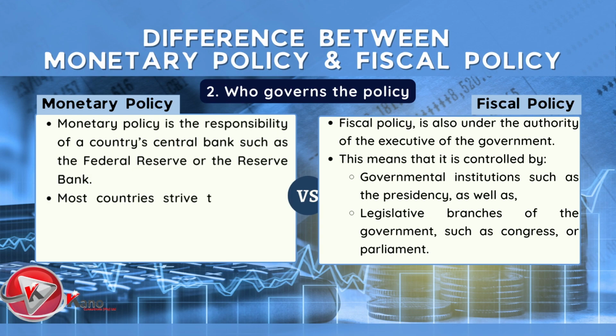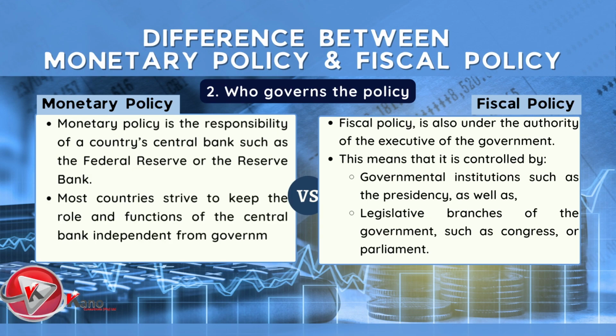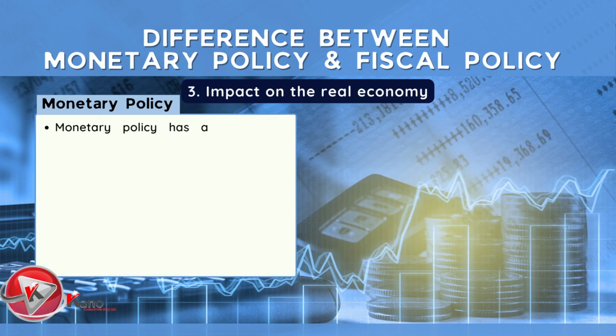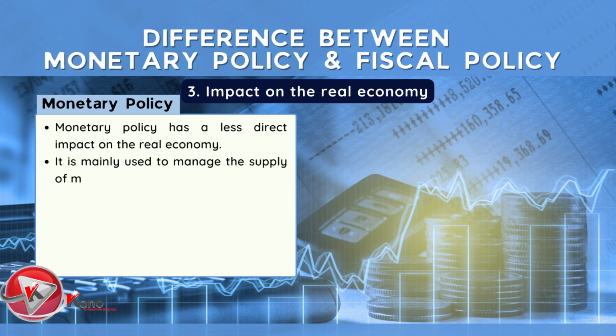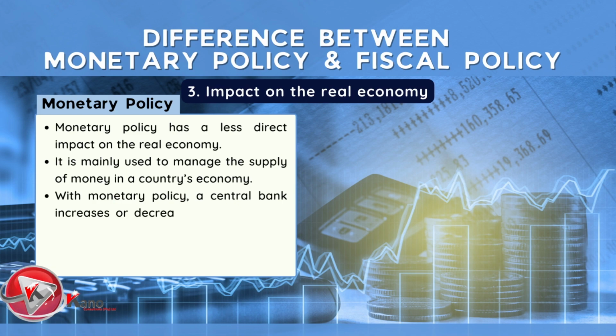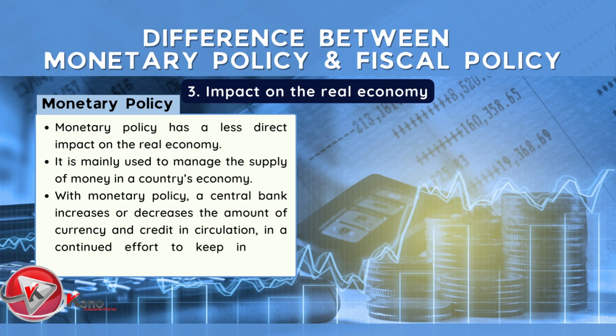Most countries strive to keep the role and functions of the central bank independent from government interference. Monetary policy has a less direct impact on the real economy. It is mainly used to manage the supply of money in a country's economy. With monetary policy, a central bank increases or decreases the amount of currency and credit in circulation in a continued effort to keep inflation growth and employment on target.